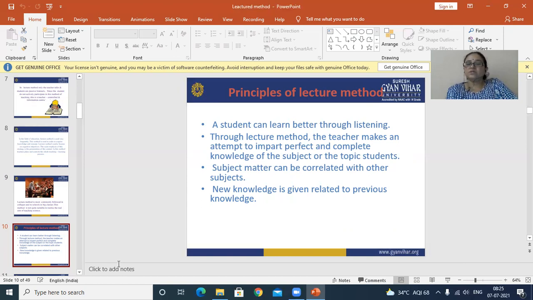Through lecture method, the teacher makes an attempt to impart perfect and complete knowledge of the subject or the topics to a student. Subject matter can be correlated with other subjects.